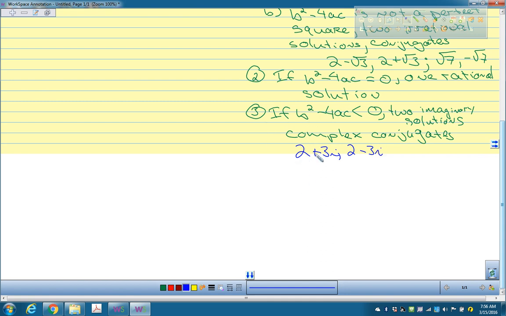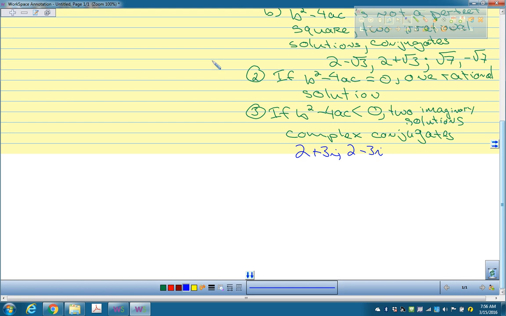So if you have a 2 plus 3i, you're also going to have a 2 minus 3i. If you have a square root of 3 as a root, what else do you have to have? A negative square root of 3. So square roots always come in pairs, as do things containing i's. They always come in pairs, so you're always going to have two of them.